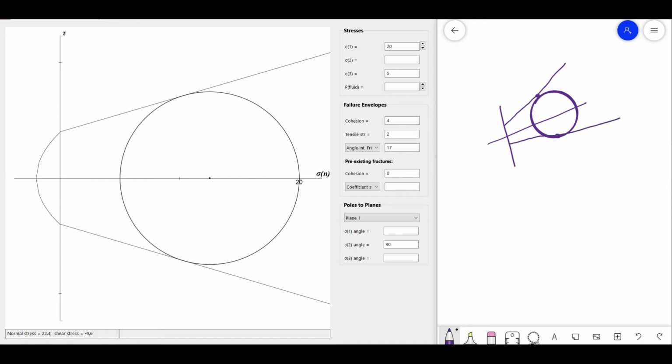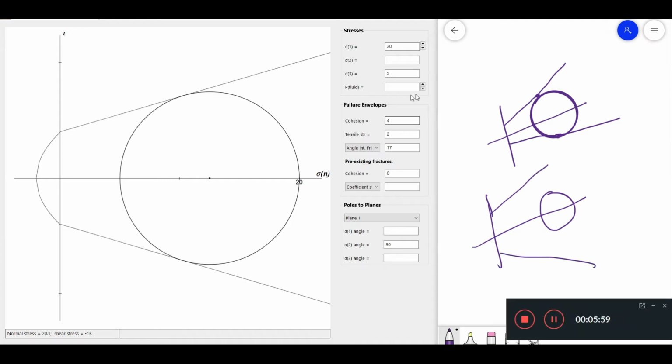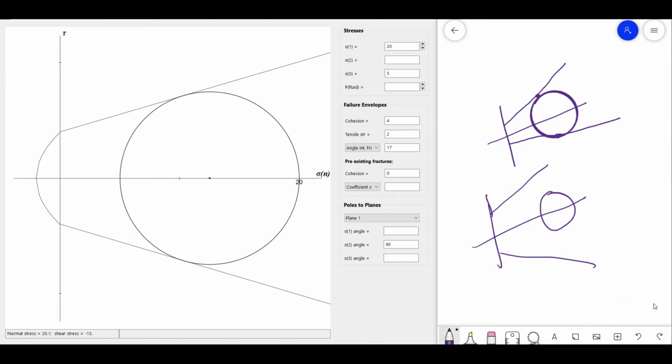So if we consider a situation like this, and this is our Mohr circle, and the upper and the lower lines represent the envelope of the Coulomb-Griffith fracture criteria.